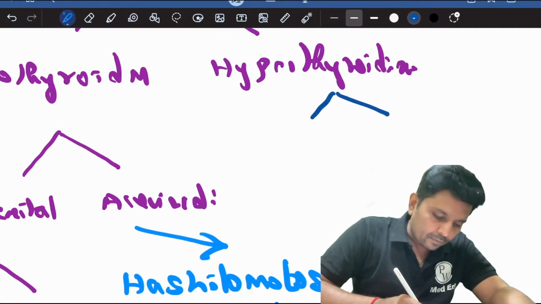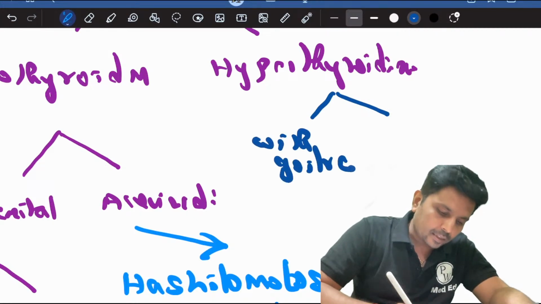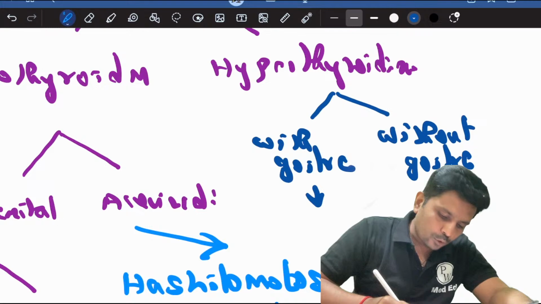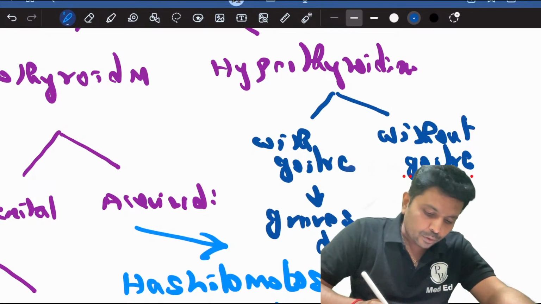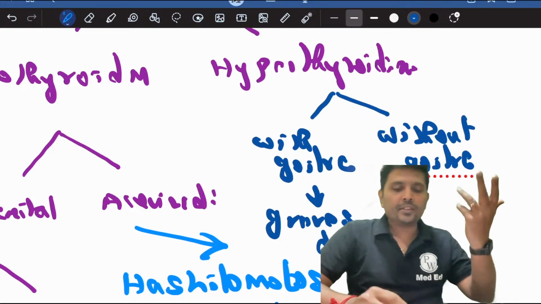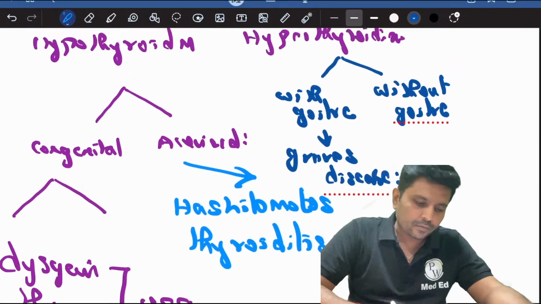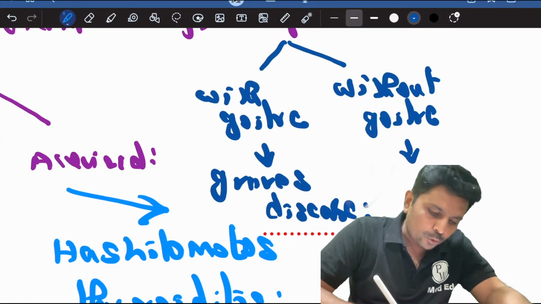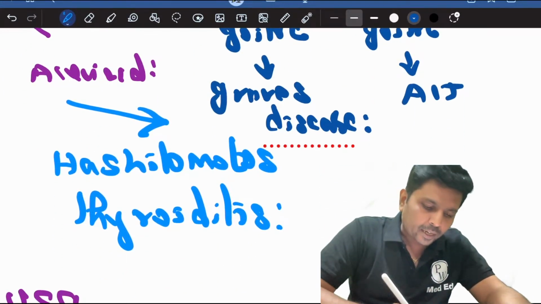And then when it comes to hyperthyroidism, it can be due to two things commonly. One, with goiter, another, without goiter. With goiter usually it is Graves' disease. What is that? Again, autoimmune thyroiditis associated with increased function, whereas Hashimoto's usually means decreased function. When hyperthyroidism is associated without goiter, it can be due to autoimmune thyroiditis.